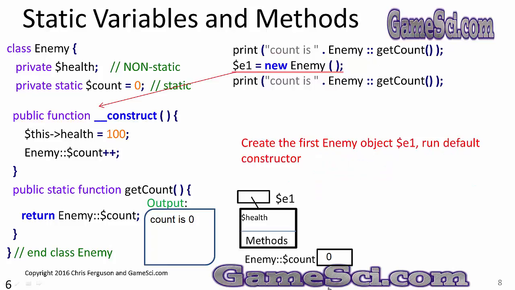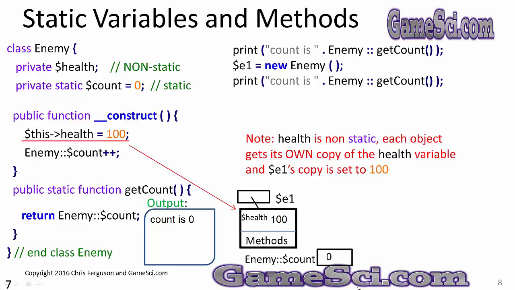Let's build an enemy object. $E1 equals new Enemy. Let's create the very first enemy object, E1, and run the default constructor. As the arrow indicates, this is going to execute this constructor method. We're going to set this object's health variable to 100, and you can see down here in the object we've got 100 in the health variable.